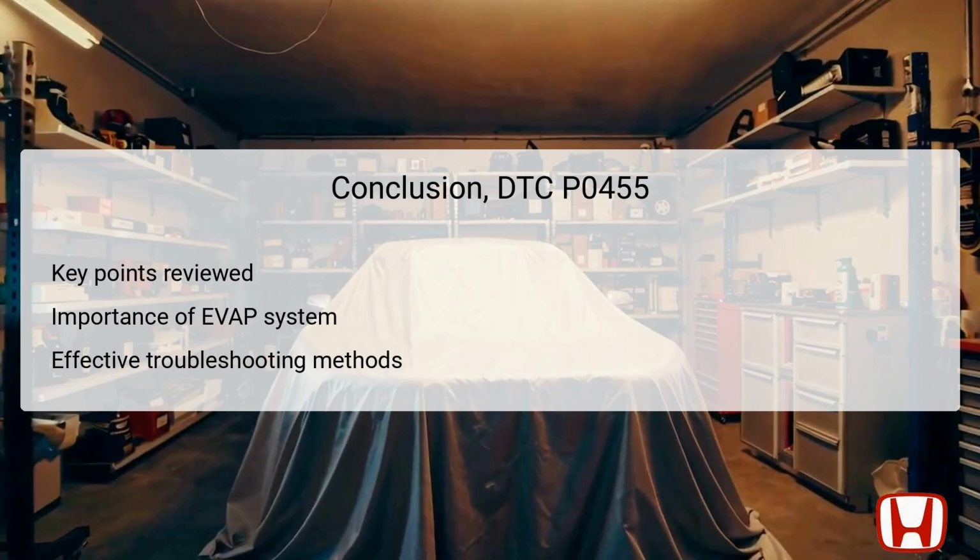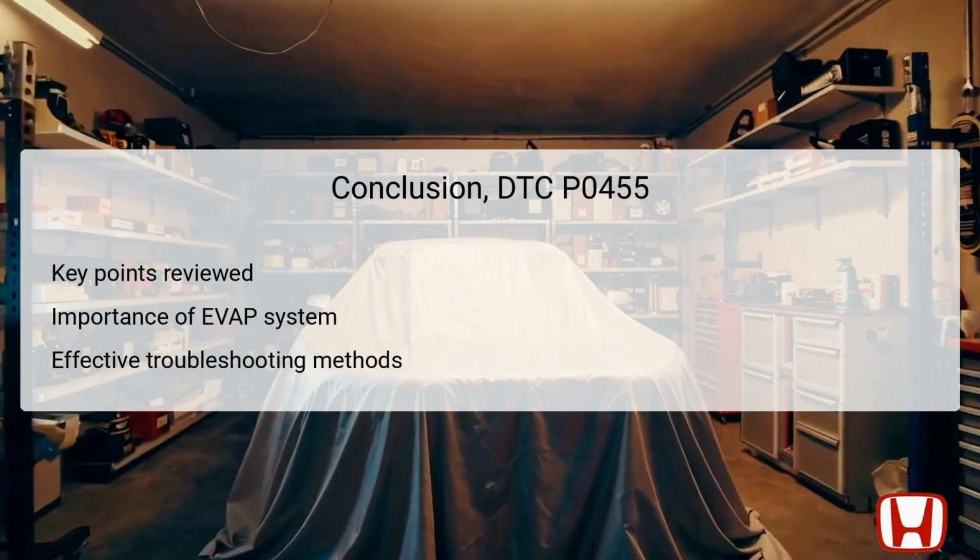In summary, DTC P0455 signifies a large leak in the EVAP system of the Honda Accord from 2008 to 2012, requiring immediate attention to maintain performance and compliance with emissions regulations. Understanding the components and their functions is critical to effective troubleshooting.